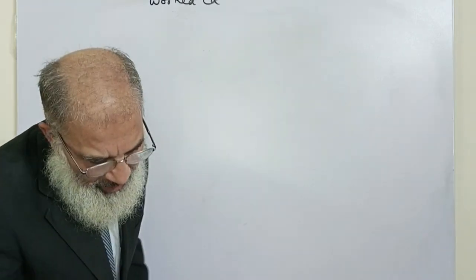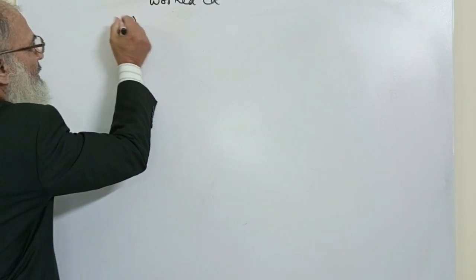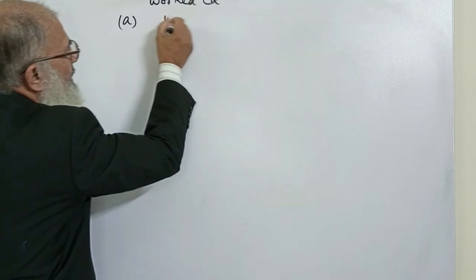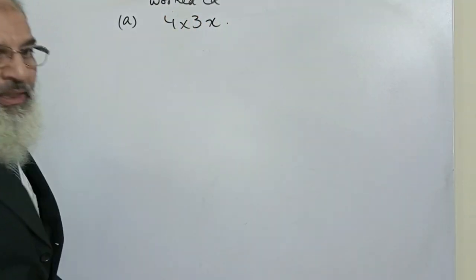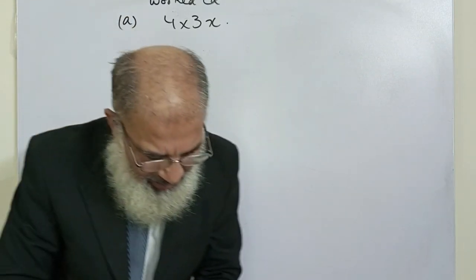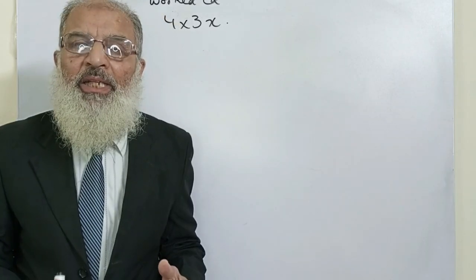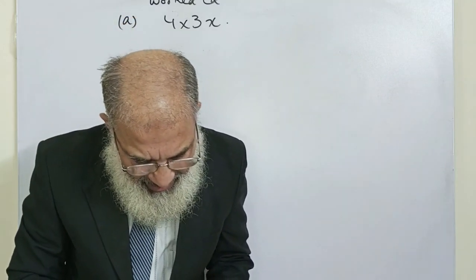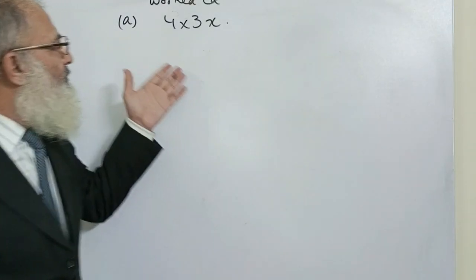So, worked example A is 4 multiplied by 3x. Now what he has asked from us is that we insert the missing multiplication sign and then write it in the simplest form.